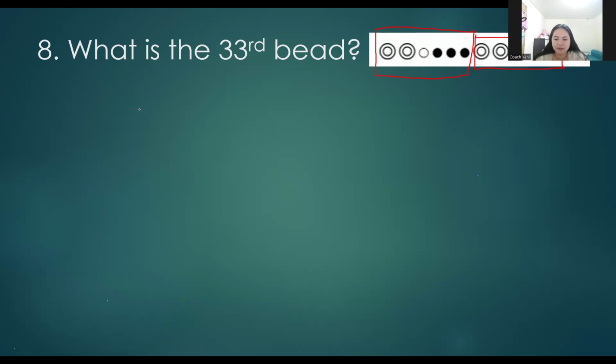So in one set you have 1, 2, 3, 4, 5, and 6. So in one set, you have 6 beads, right? To find out the 33rd, we just need to divide 33 by 6.